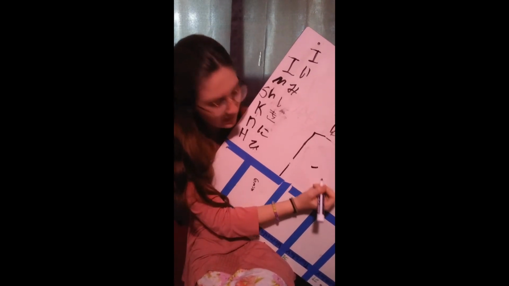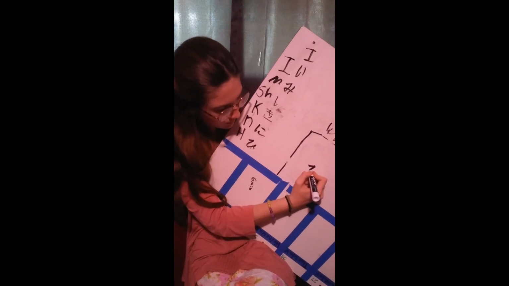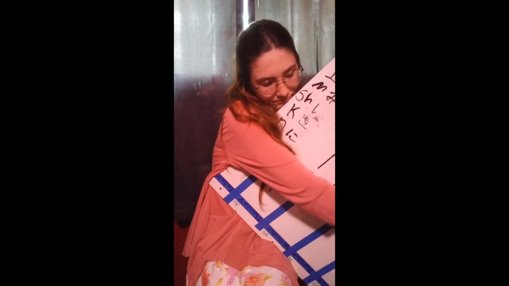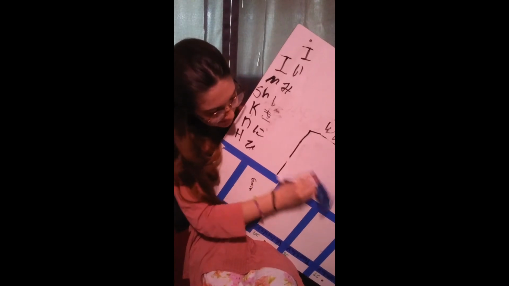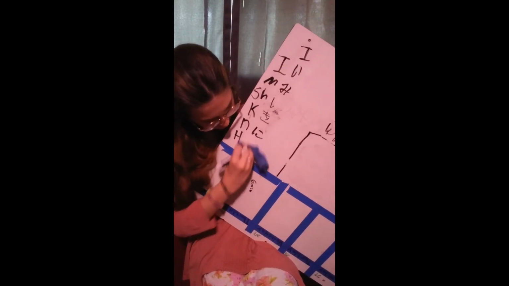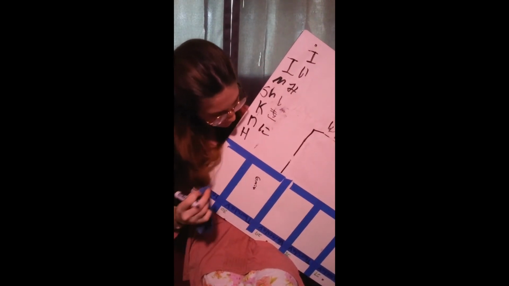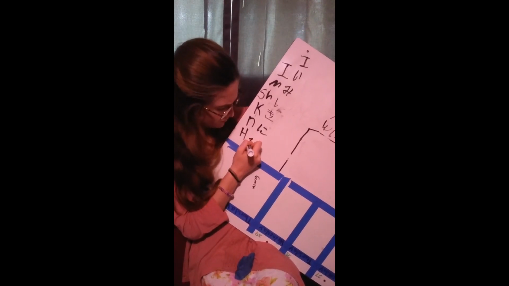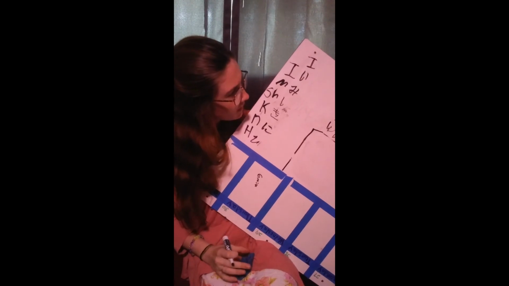So you're going to do one line up like here. You're going to make a U, and then you're going to make another line. So he, I laugh at you.